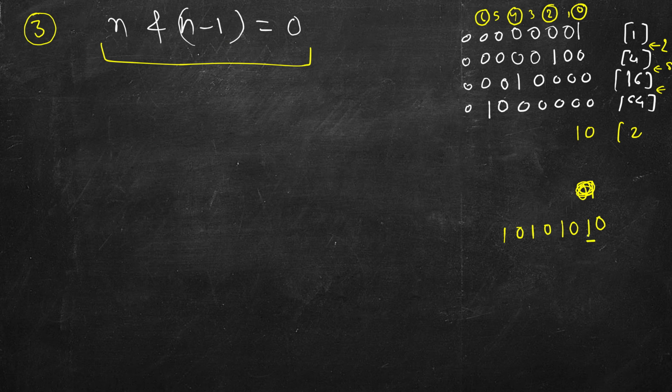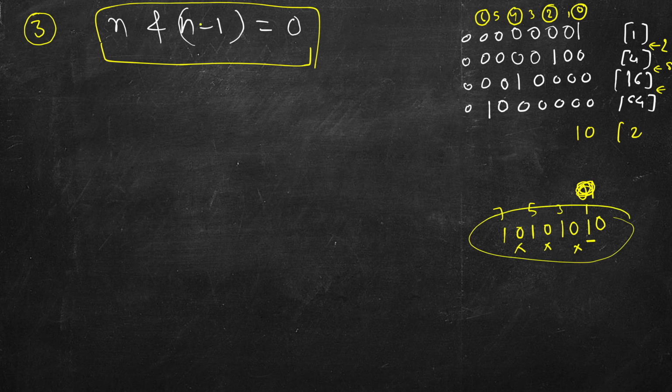Because here the bits are set at position 1, 3, 5, 7 and so on. And in all the powers of 4, these are only set at these places. So if you take the AND of this, then we will get 0. So using this, we have already checked that just one bit is set, and using this check, doing AND with this, we guarantee that that set bit is at some even place, either 0, 2, 4, 6 or something like this.